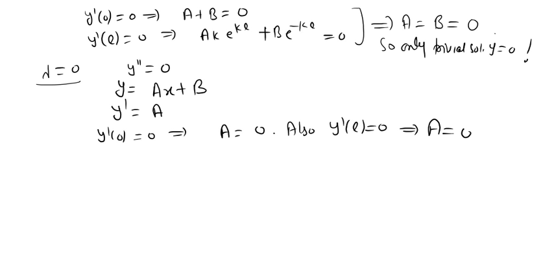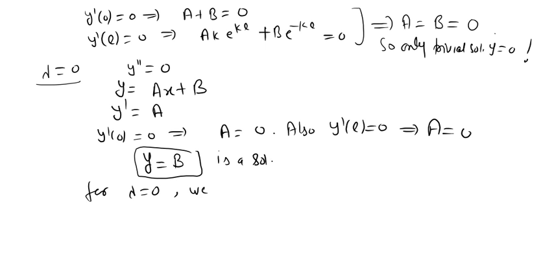So here one important thing is that you got a equal to 0 but b is arbitrary. So y equal to b, any constant, is a solution. Okay, so corresponding to lambda equal to 0, 0 is an eigenvalue, and we have an eigenvector which is a constant, and for simplicity you can take that constant equal to 1.